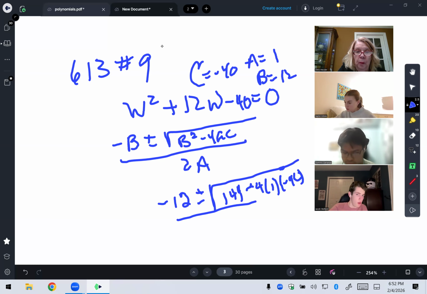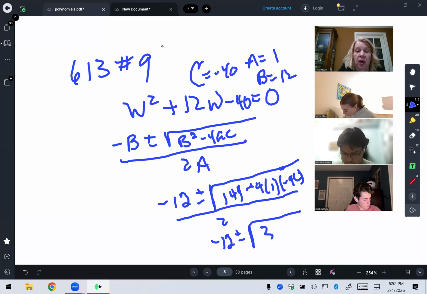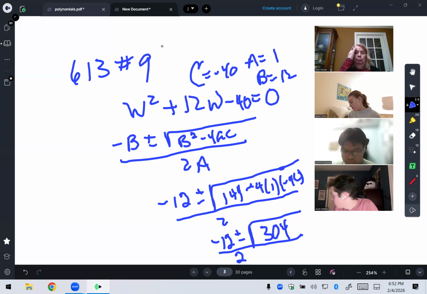Are you asking me what -4 times -40 is? No, I know that's 160. So we're going to get minus 12 plus or minus the square root of 304 over 2. So the factors of 304 are 19 and 16, which would be hard to remember.